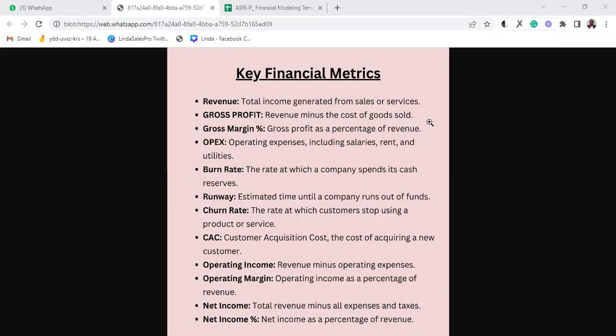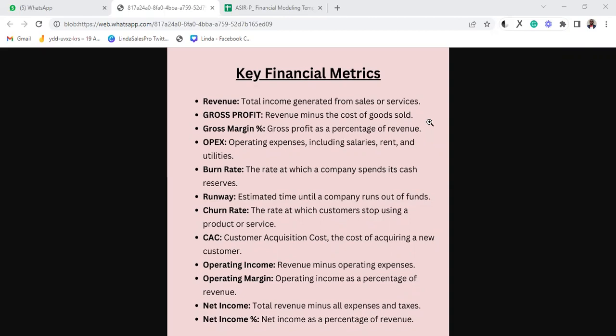Okay, so but today we are going to look at financial modeling, which has to do with forecasting around your numbers. Okay, so where are you heading to? Where will your business get to in 5 years, in 2 years, in 3 years?